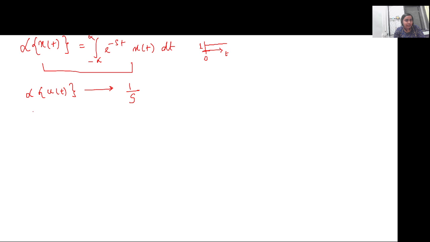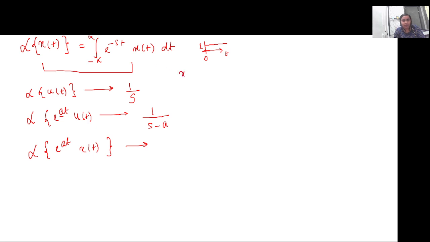Then, when e to the power at is multiplied with the signal u of t, in general, if we write e to the power at times x of t, and the Laplace transform of x of t is x of s, we can write this in the form of x of s minus a.